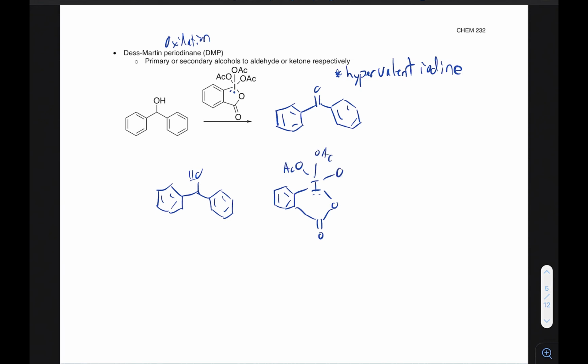And I should note here off to the side, when we say acetyl, that refers to this motif. Okay, so we have these sort of esters coming off this iodine, right? And so what happens here now is this oxygen will attack the iodine, and one of these acetyl groups, right, because they can do resonance, leaves.